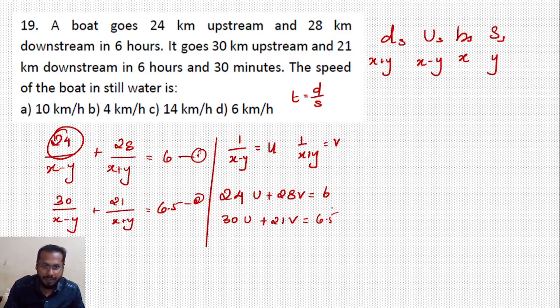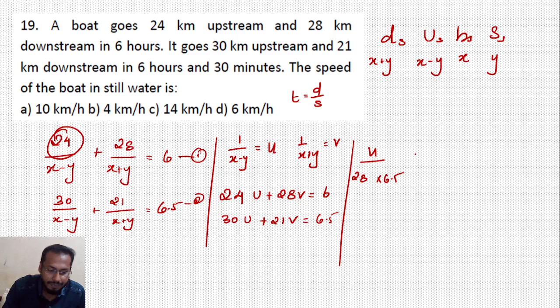Okay, by cross multiplication. u over 28 into 6.5 minus 21 into 6, and on the other side, minus v over 24 into 6.5 minus 30 into 6.